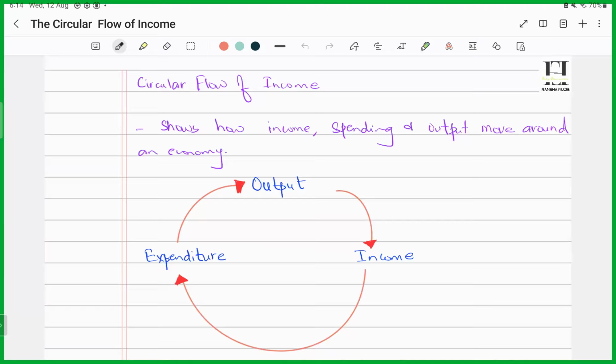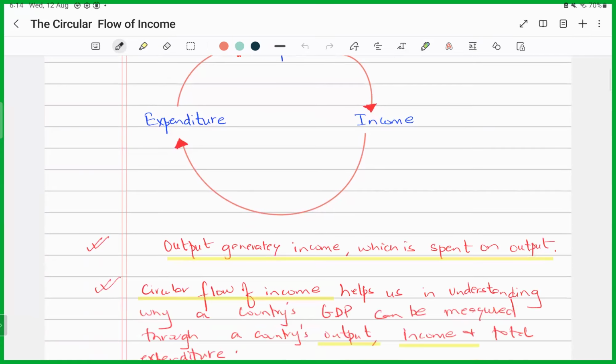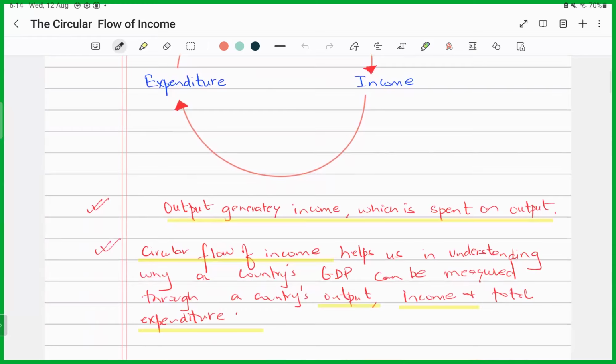We earn income and then we spend it again on output. Now, this model also helps us understand how an economy's GDP can be measured by looking at the aggregate output, income, and the total expenditure.